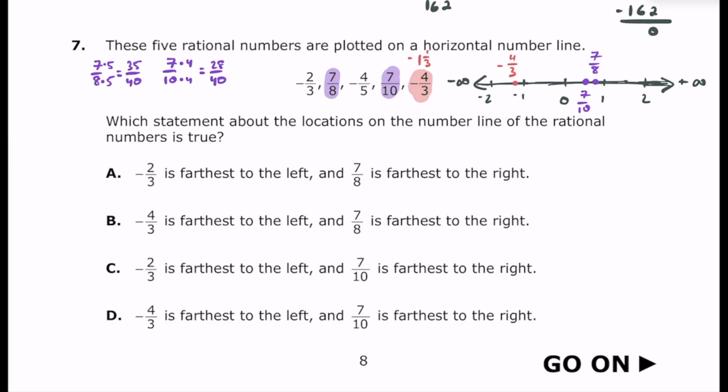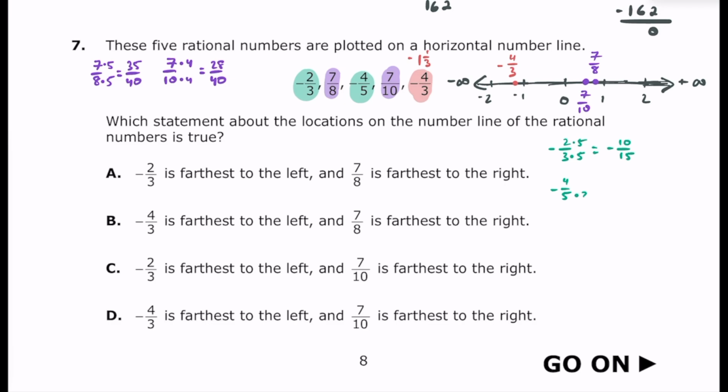The other ones to think about here are negative 2/3 and negative 4/5. So if you compare those fractions, I'm running out of space over there, but we'll keep the negatives on each of these. If you want to compare these and get the same denominators, we can do times 5 and times 5. This will be negative 10 over 15.